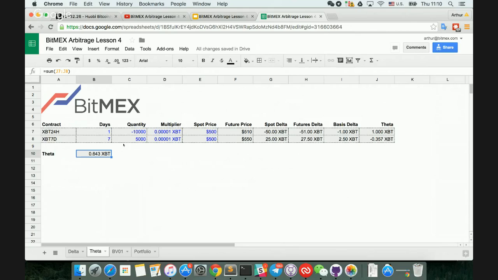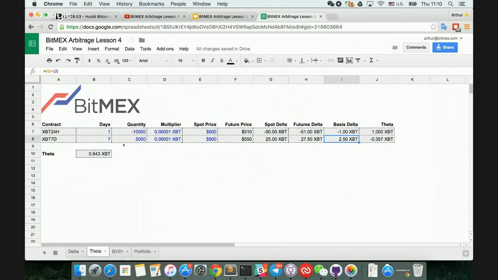Why are you earning money every day? That's because you sold a futures contract in greater quantity above the spot price, and you have less days to expiry, so you're going to earn that whole difference in a short period of time. Whereas with the 7-day futures contract, you're paying this $50 premium, but you're paying it over 7 days. So the day-to-day loss is less than what you're earning from the first day.